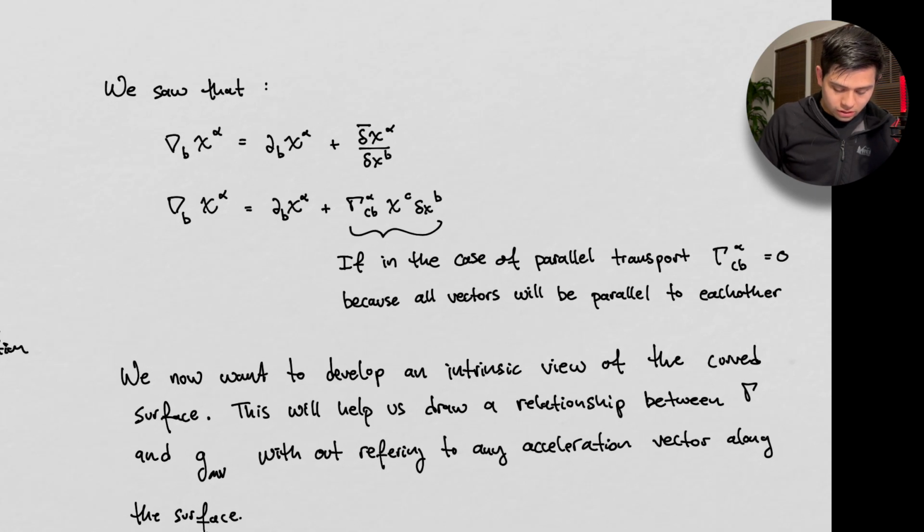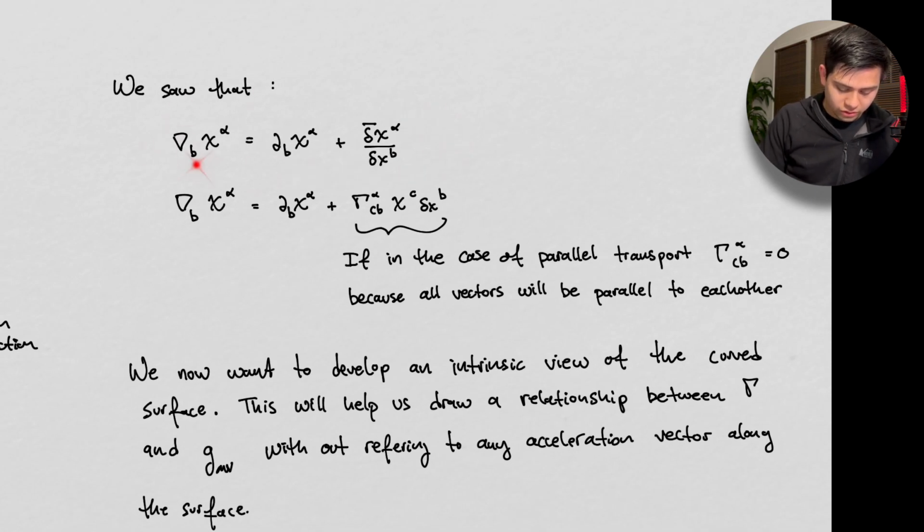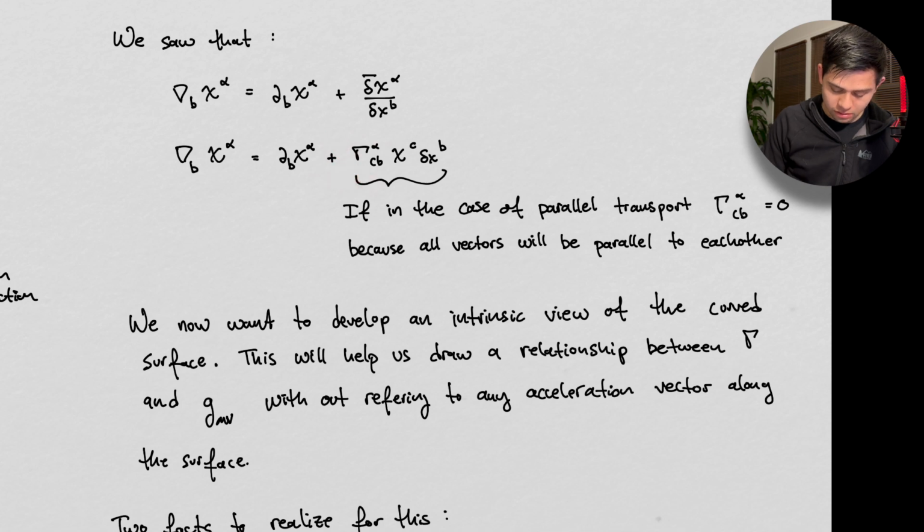So we came across this equation before. We had the derivative, and we have this notion of parallelism, and everything about this notion of parallelism was encapsulated in these coefficients here. These coefficients were the connections. If in the case of parallel transport this was zero, then all vectors are going to be parallel to each other, right?